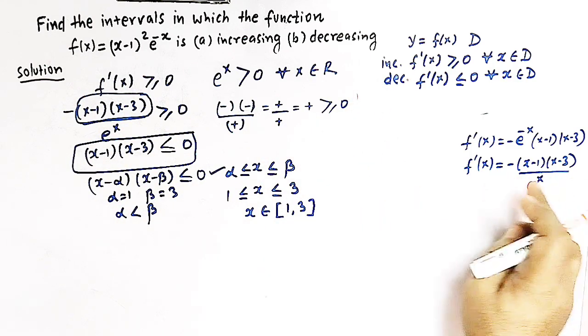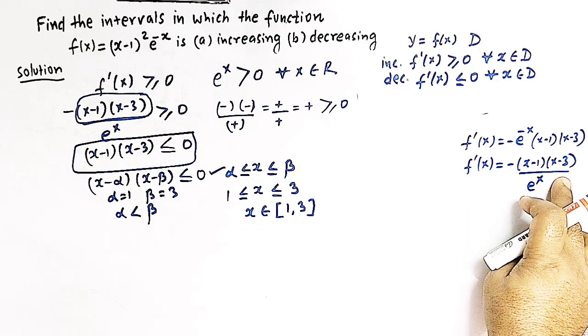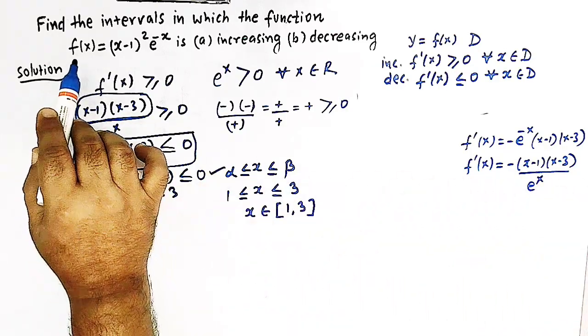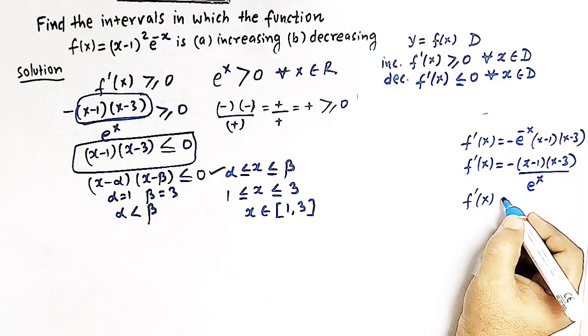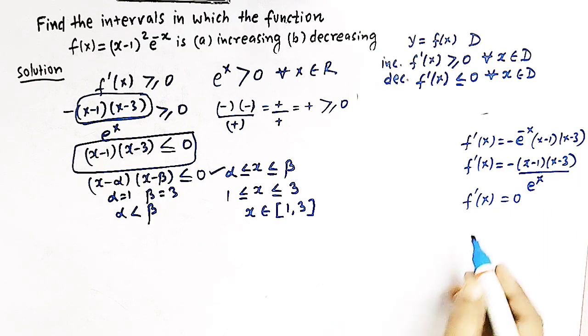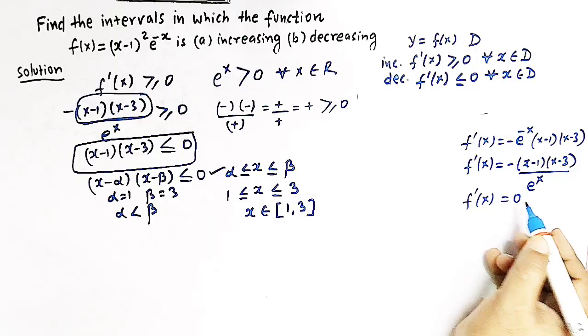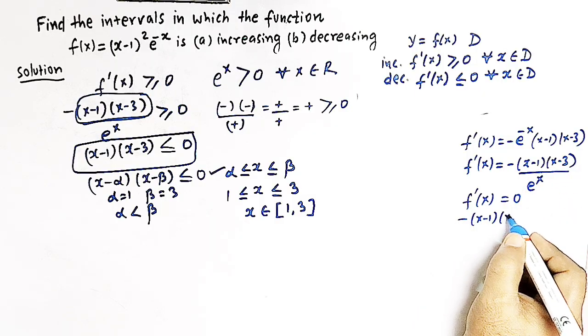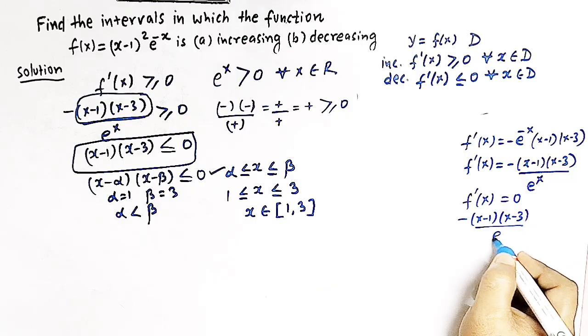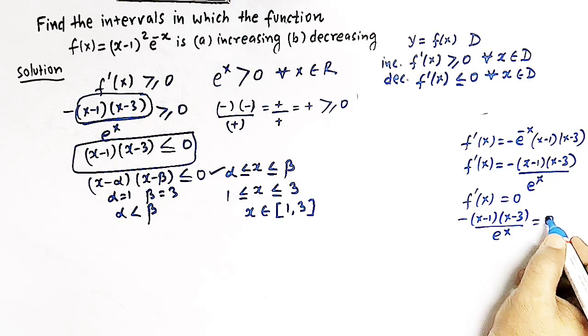Because from here, if we find the critical points of the function f of x, then we must have f prime of x equal to 0. So when we take f prime of x equal to 0, then we have minus (x minus 1)(x minus 3) e raised to x equal to 0.